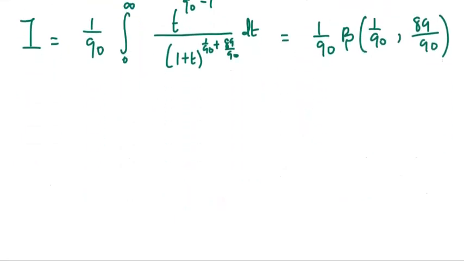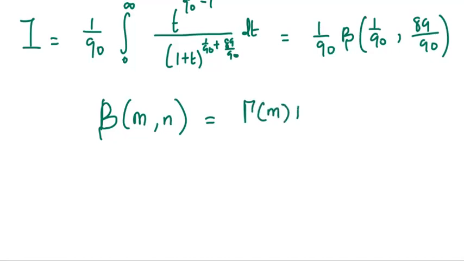Now we're going to recall the relationship between the beta function and the gamma function. So we're given that the beta of m, comma n is equal to the gamma of m multiplied by the gamma of n divided by the gamma of their sum, m plus n. Remember that the gamma function is the extension of the factorial.